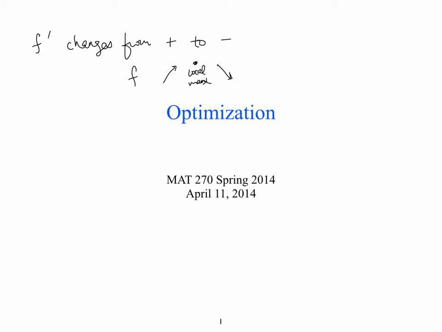I think the inflection point, you're thinking of when f prime, the rate of change, changes from what to what? It can't be positive to negative; it's from increasing to decreasing.